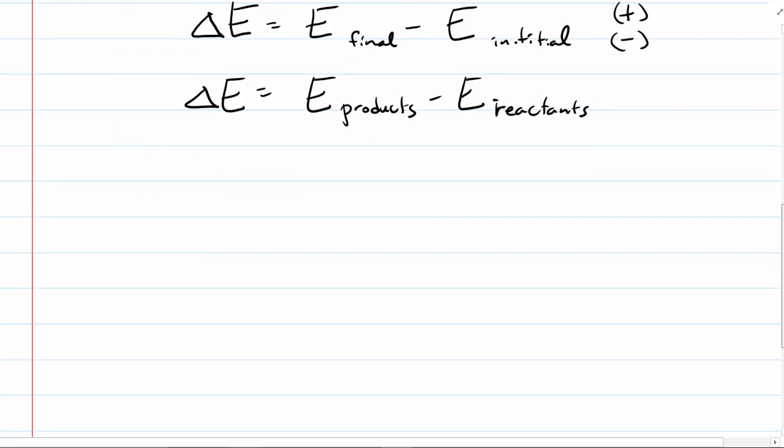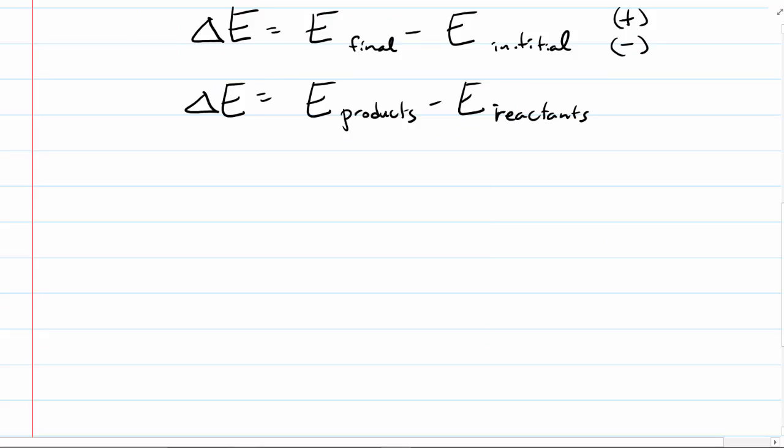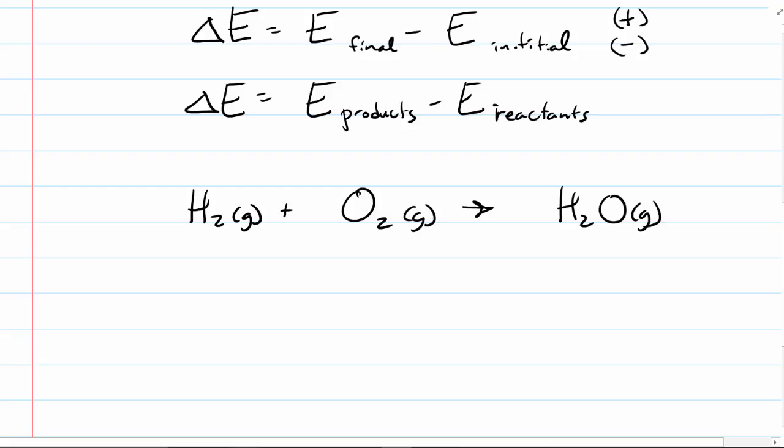So then, going back to our reactions, let's look at this particular reaction. Again, this is a day one reaction that we did of hydrogen reacting with oxygen to make H2O in the gaseous phase. Once again, is this reaction endo or exo? It's an exothermic process.